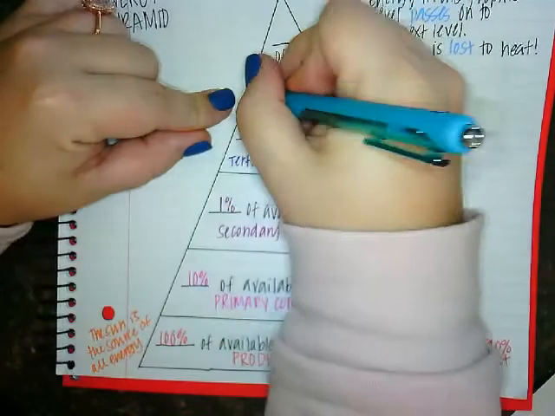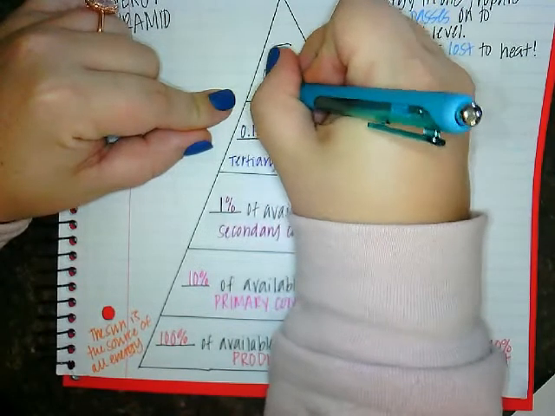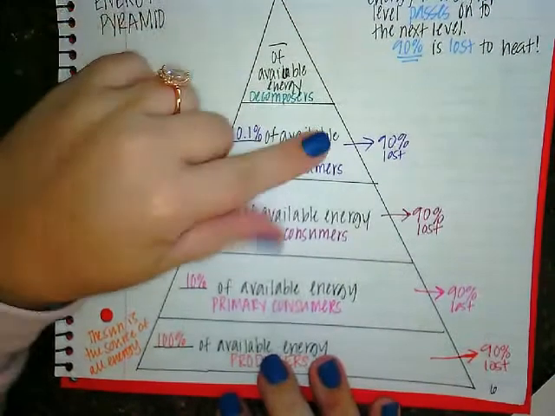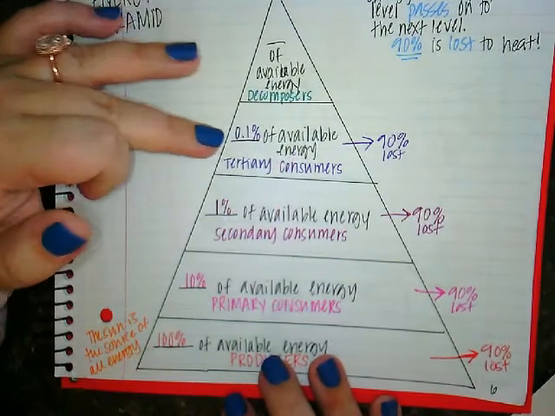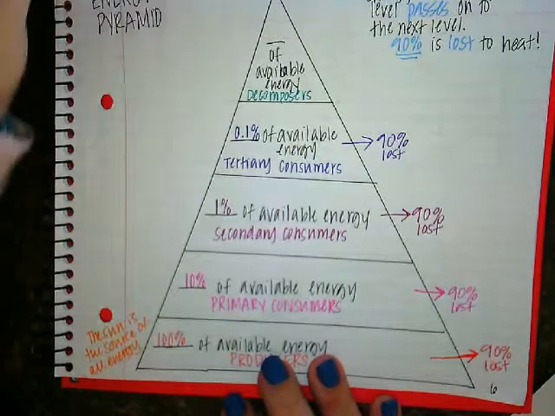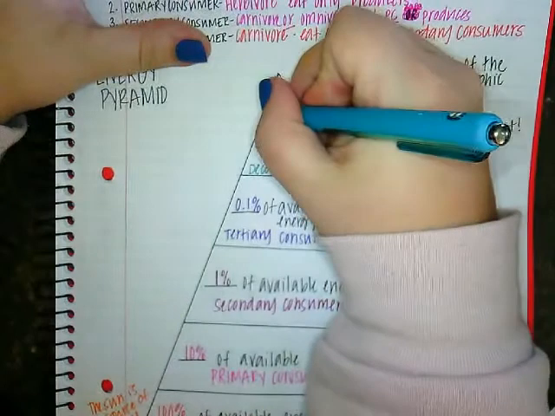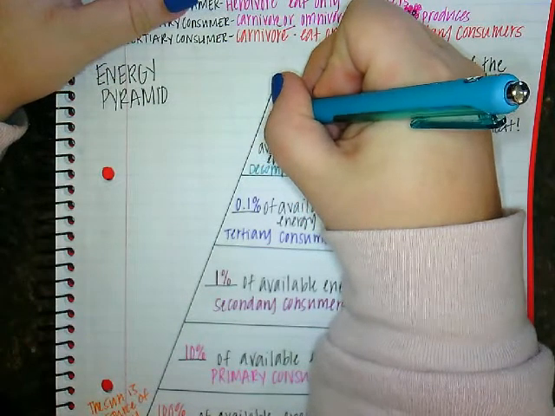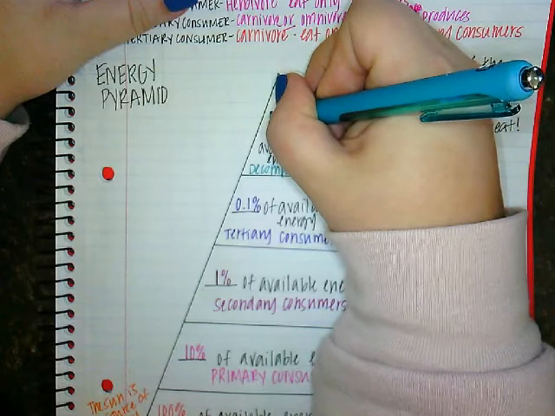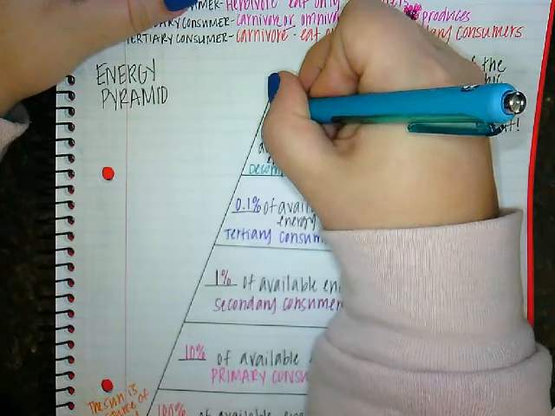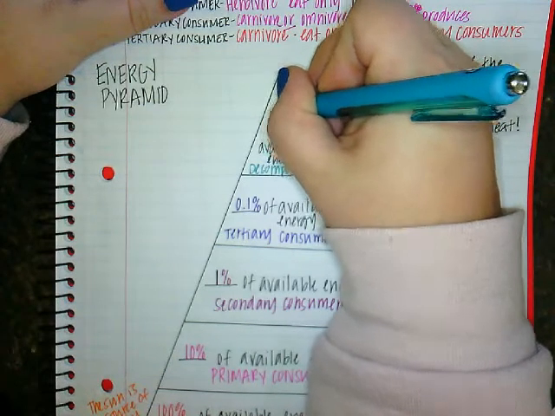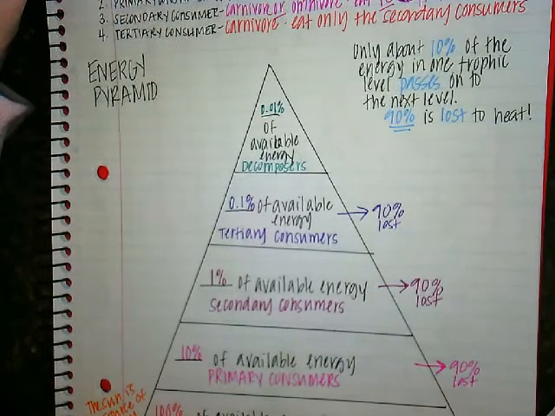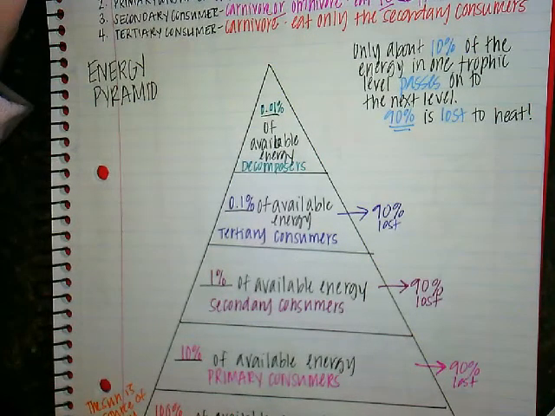So what moves on? In your last box up here, this is where you're going to find yourself with your decomposers. Okay? Decomposers are going to take care of whatever's left from this point. So that 10% that moves on, you are going to end up with 0.01%.